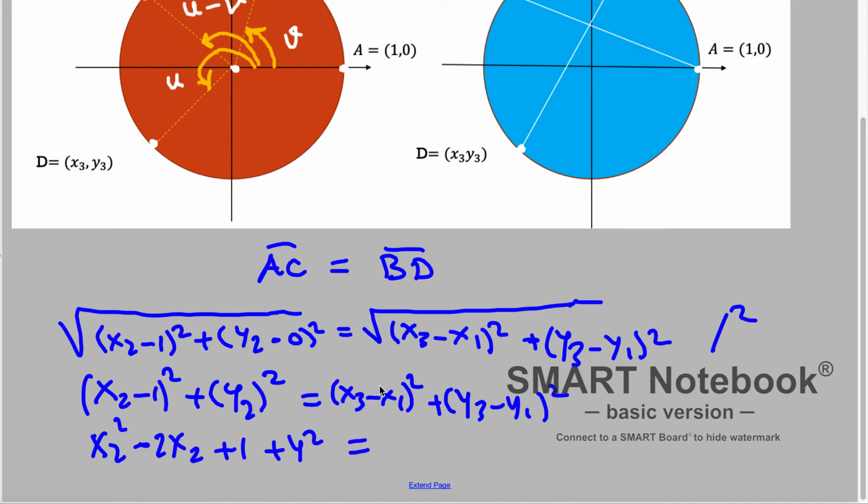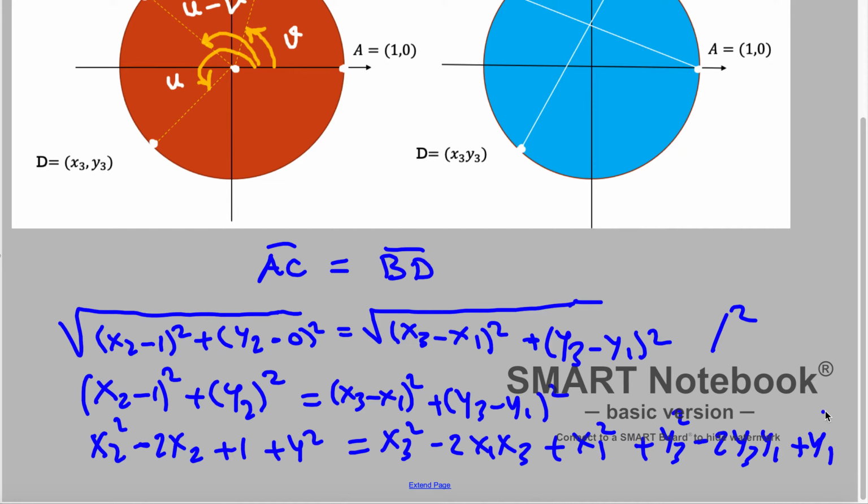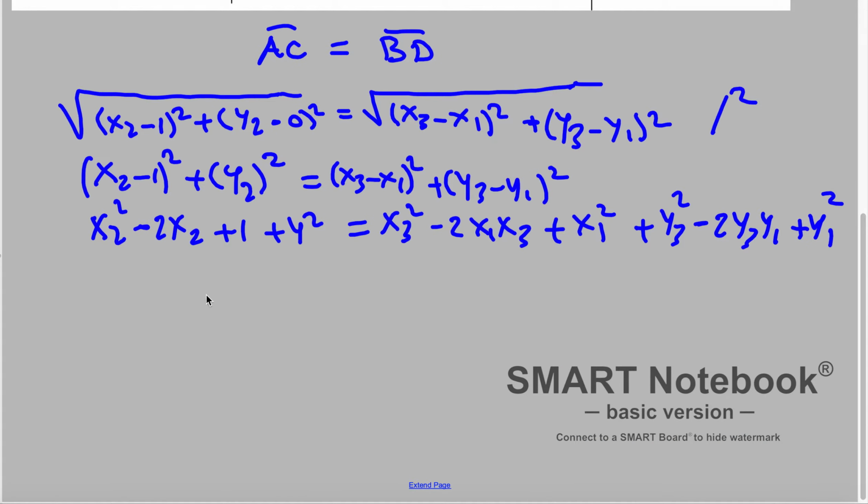And this is equal, if we are expanding all these binomials into trinomials, to x3 squared minus 2x1x3 plus x1 squared, and the other is going to be y3 squared minus 2y3y1 plus y1 squared. So we are in this situation. So let me extend a little bit here.